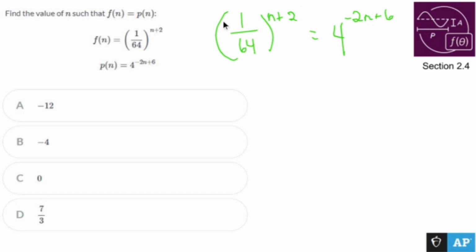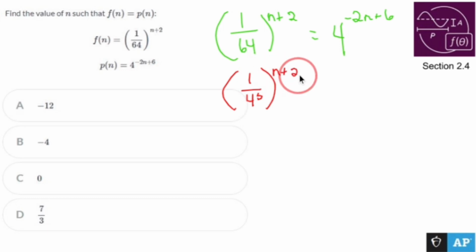Whenever you're solving equations with exponents, and we don't know anything about logarithms yet, we need to set this up so that they have the same exact base. I know 4 times 4 times 4 is 64. So I'm going to rewrite that as 1 over 4 cubed. That way, I can set the exponents equal to each other.